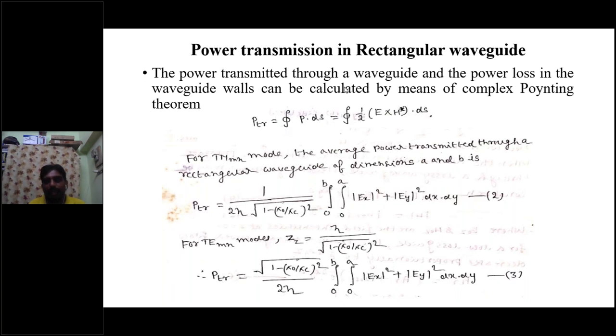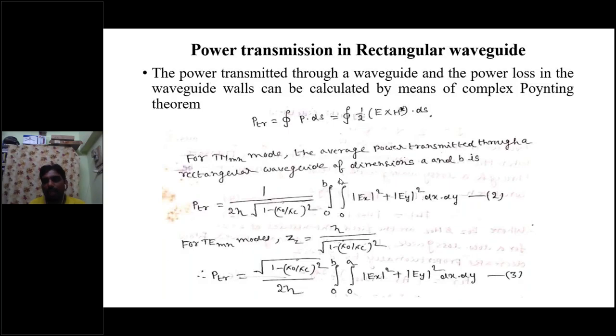I use the same expression, 1 by 2 into E cross H, calculated for the electric field of TM mn modes and the magnetic field of TE mn modes, and the power transmission expression becomes this: 1 by 2 eta, where eta is the intrinsic impedance, lambda naught is the free-space wavelength, and lambda c is the cutoff wavelength.